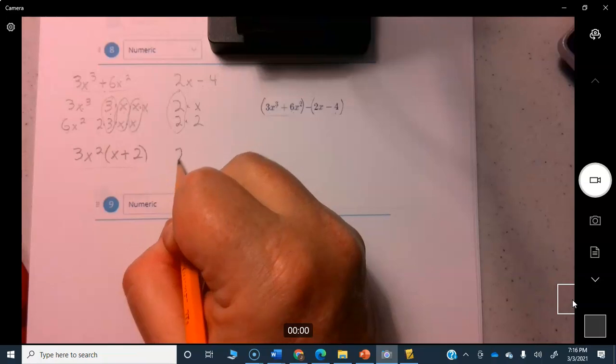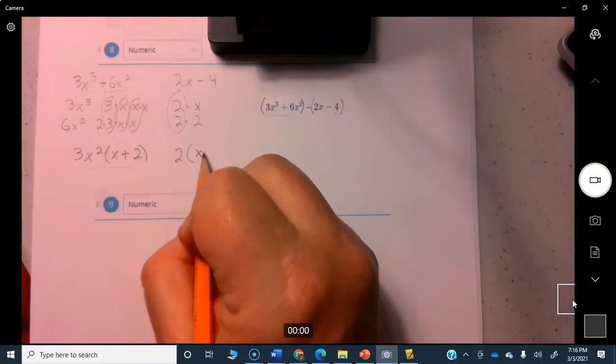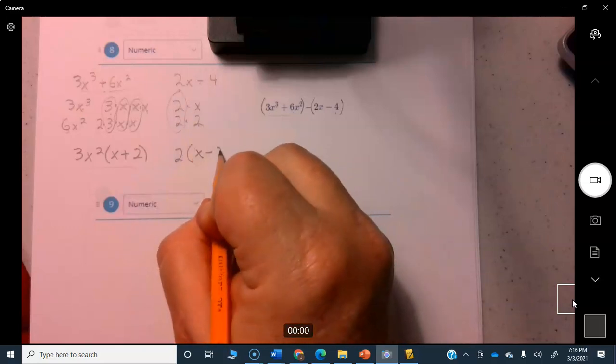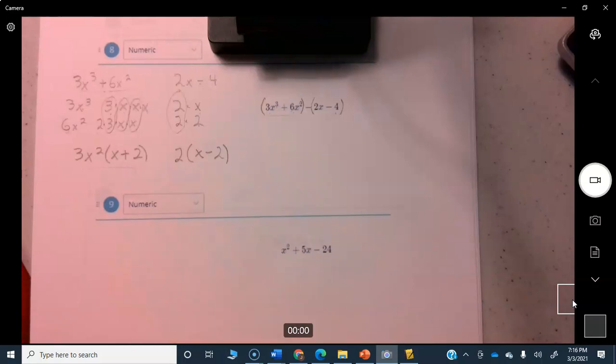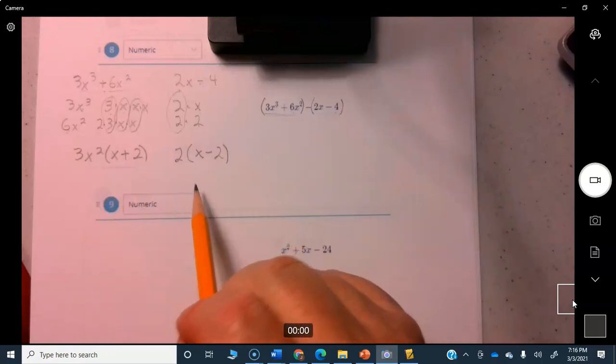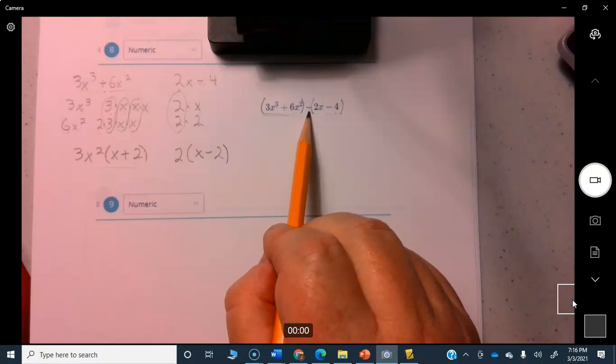So I'm going to write a 2, parenthesis, and then this one is an x. Now be careful, this is a minus sign, so I'm going to put a minus 2 for that. Okay? So there you go. You factored this over here, and you factored this over here. Now we're going to put it back together again, remembering there's a negative sign between them. So you've got to be careful on that. There's another negative sign in there.